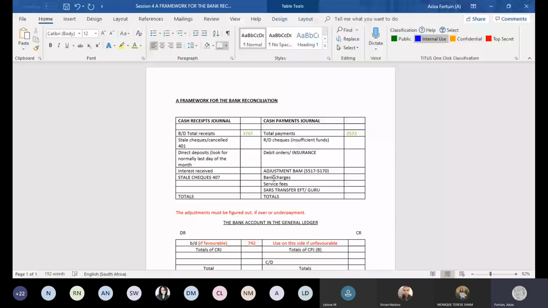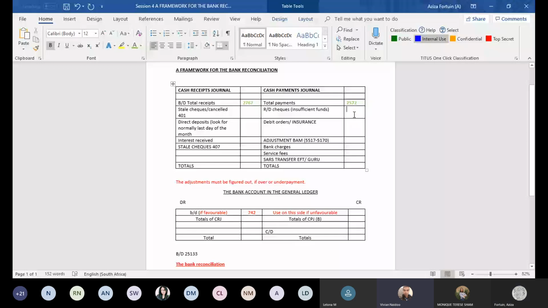Are you going to tell us, Vivian? Okay, I see there are two outstanding payments. There are payments that are reflecting on the cash payments journal but not on the bank statement. There's a check 50 for 168.